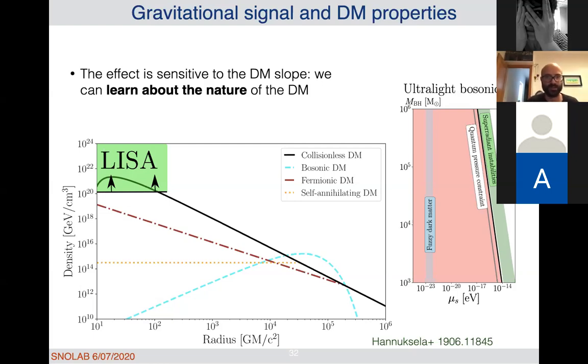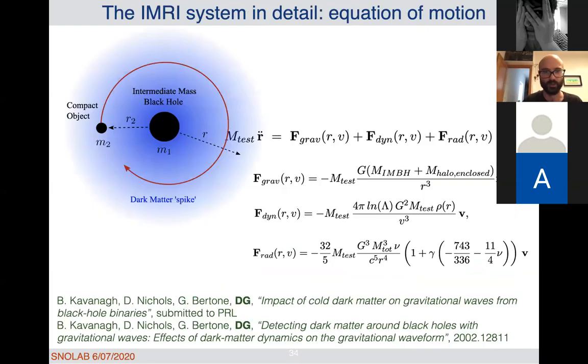So the detection of this effect on the waveform is possible only for very steep spikes, and would be very different, as we will see, depending on the slope. This would allow us, in principle, to disentangle different candidates, which would correspond to different slopes and different forms of this dark matter halo.